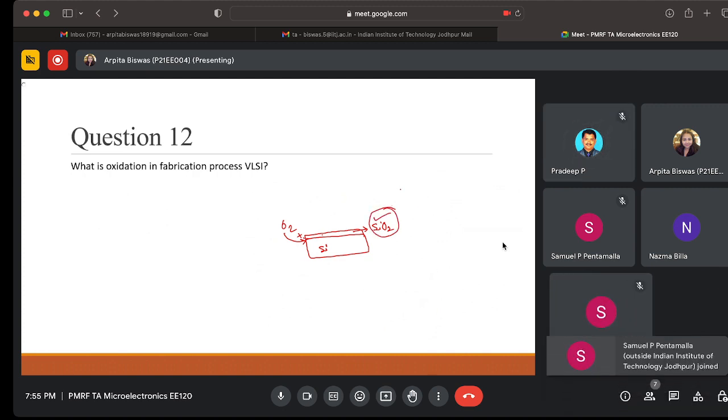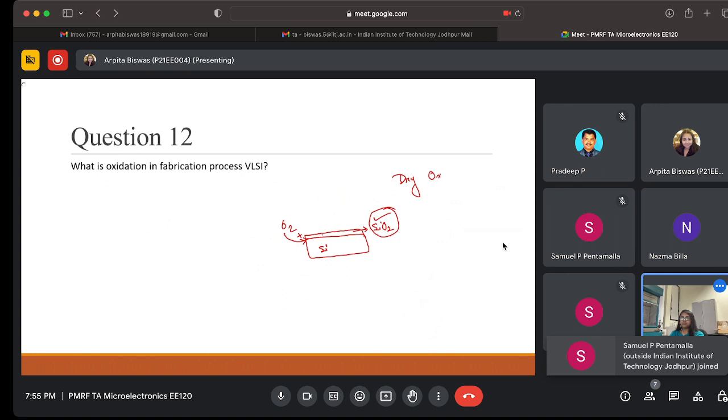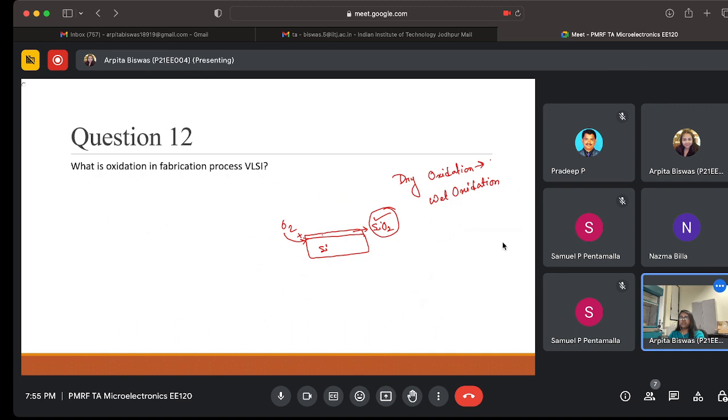So what is the process here? It is also included in the dry oxidation process and wet oxidation process. And what is the difference between these two? Only Si plus O2 which produces the SiO2.